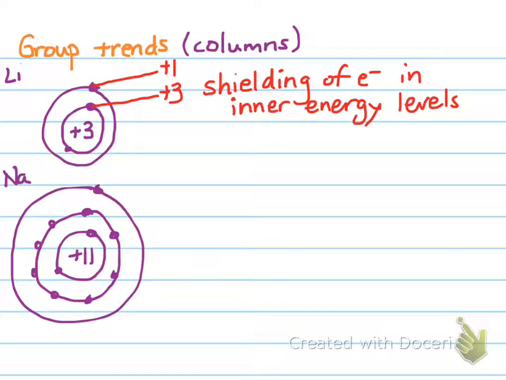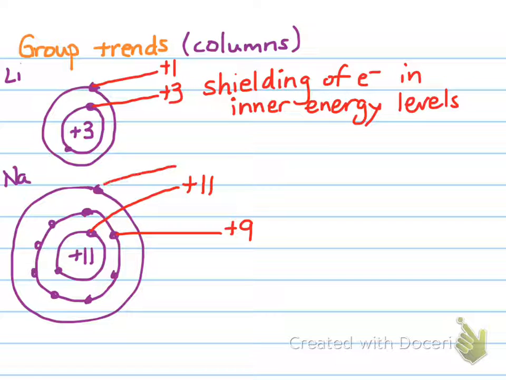When we look at sodium, again, our first energy level, that pull is +11 because there is no shielding occurring. When we get into the second energy level, we have shielding of the first energy level, which contains 2 electrons. So that's a shielding effect of 2. And so the electrons in that second energy level are feeling a pull of +9 from the nucleus of that atom.